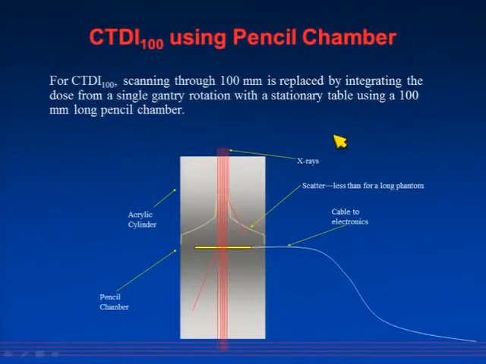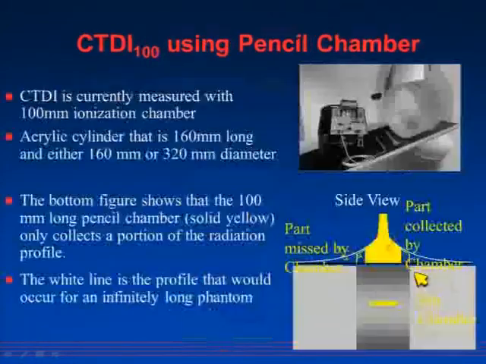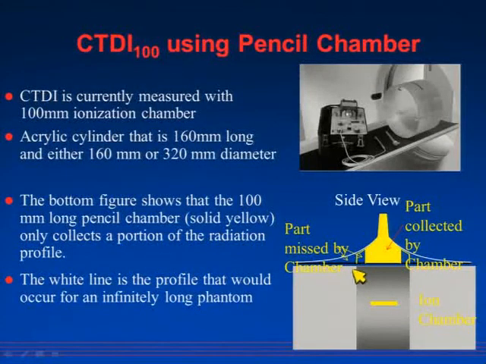Okay, CTDI using a pencil chamber, the dose profile gets clipped and attenuated. The pencil chamber captures part of it here, leaves off this much, but you don't have to move the table, and you can capture what you would get had you gone through a 10 centimeter scan. If you had an infinite scan and an infinite phantom, two things would happen.